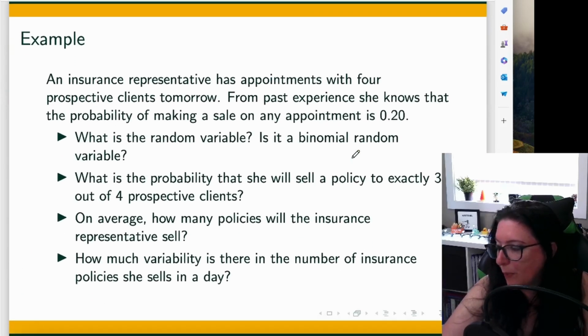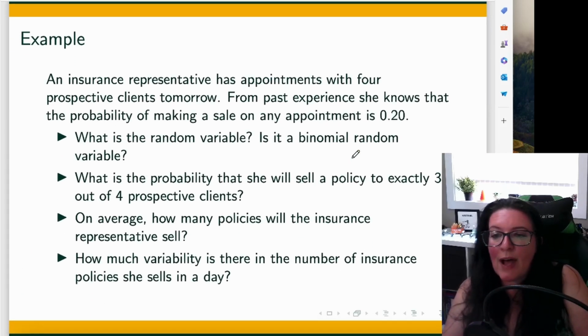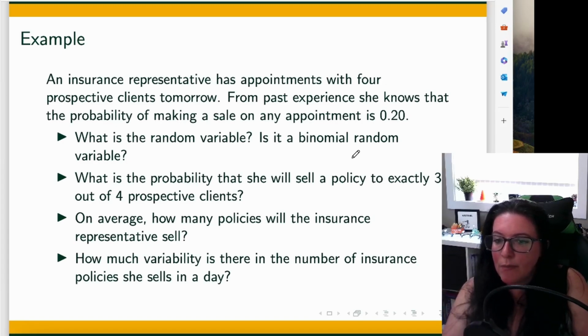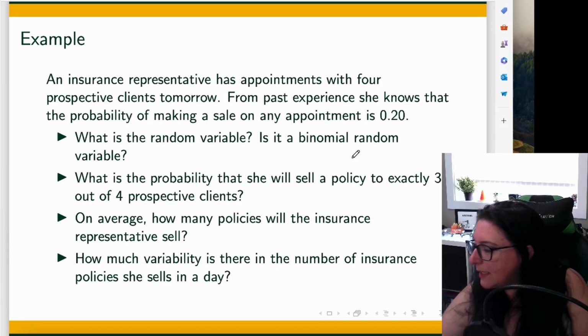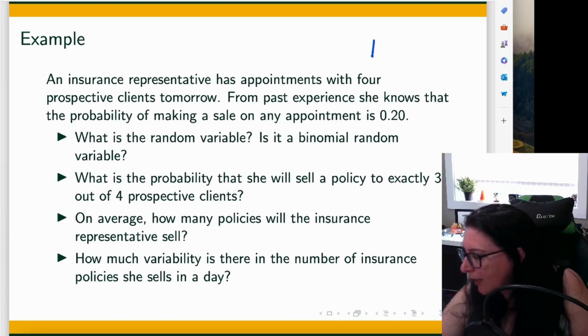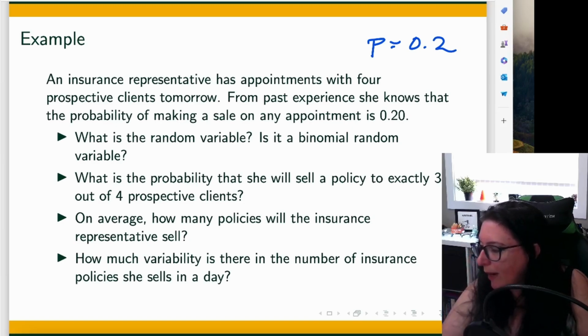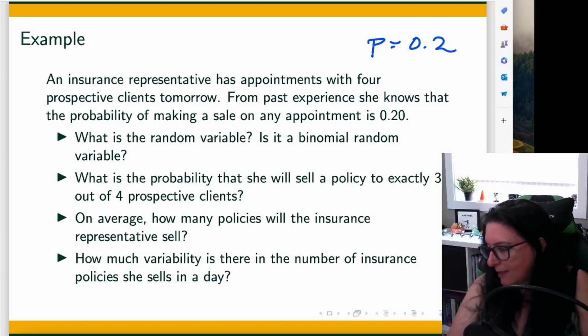Let's look at an example. An insurance representative has appointments with 4 prospective clients tomorrow. From past experience, she knows the probability of making a sale on any appointment is 0.2. So p equals 0.2 and we have 4 prospective clients.